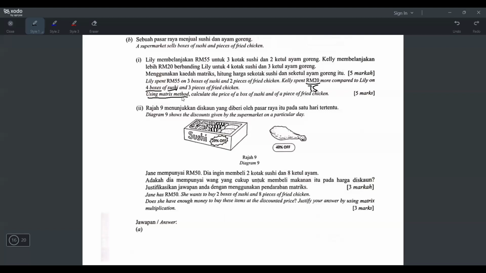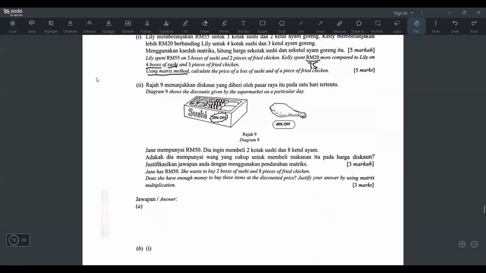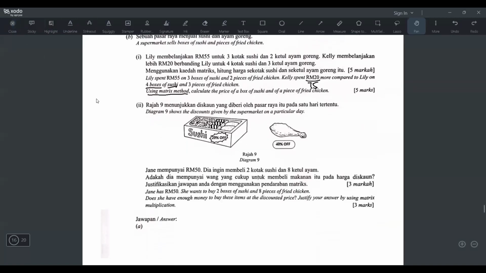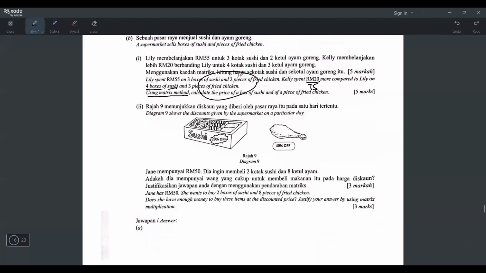So whenever you see the words using matrix method, you know for sure it's a simultaneous equation punya soalan. Usually for this type of question, I will tell my students ignore the information first. Because kita kena tahu x y represents what first. It's very hard for us to write the equation if you don't know what the x y represents.